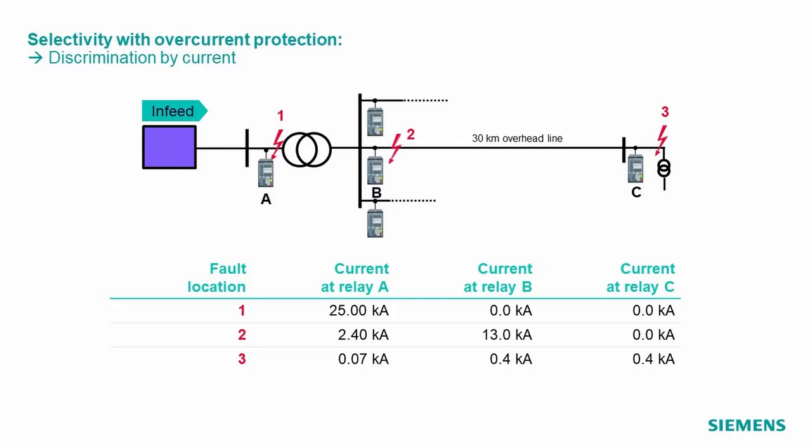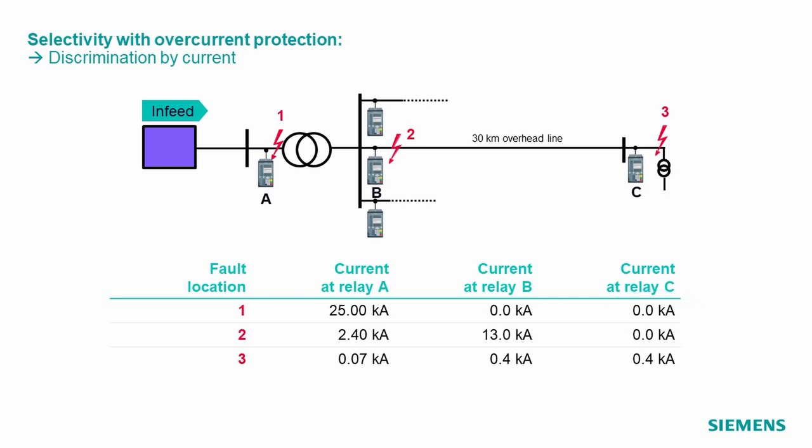If you now do a calculation of fault current, first of all at location 1, that means a short circuit on the high voltage side of the transformer, in this case it was 25 kiloamp short circuit current seen by relay A. Relays B and C will not see any short circuit current.